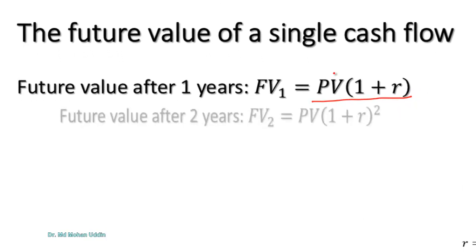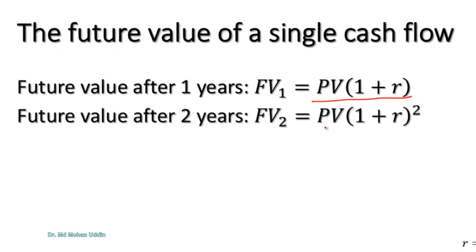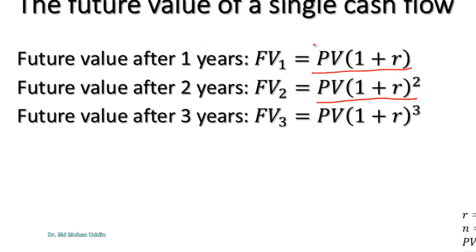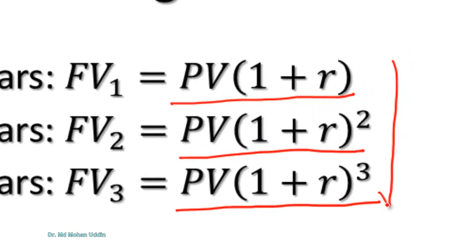Future value after 2 years is PV times (1 + R) to the power 2. Future value after 3 years is PV times (1 + R) to the power 3. So can you see the changes? The change is here, because we do not have anything as an exponent. Actually it is 1, you know that, right?